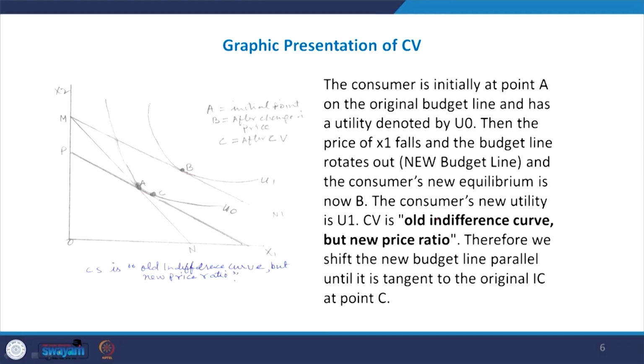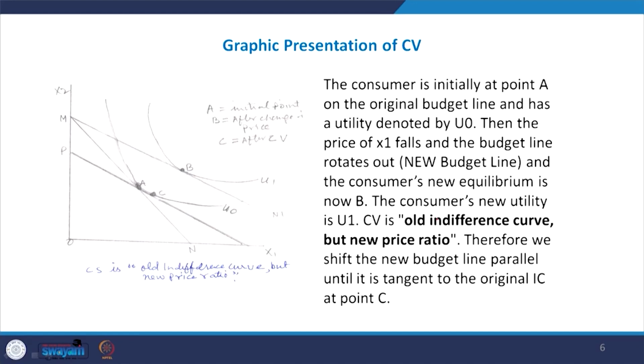So, there is no change in the income level of the consumer, no change in the price of x2, but the price of x falls, and obviously when the price of x falls, the slope of the budget line or price line will change.